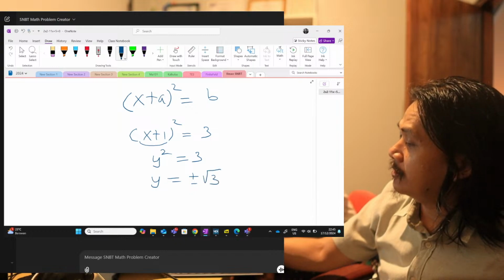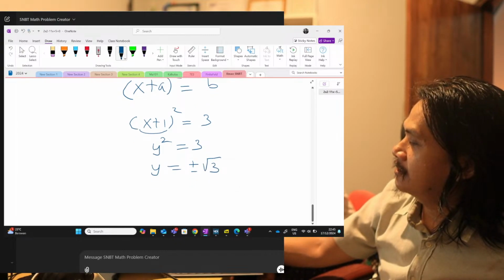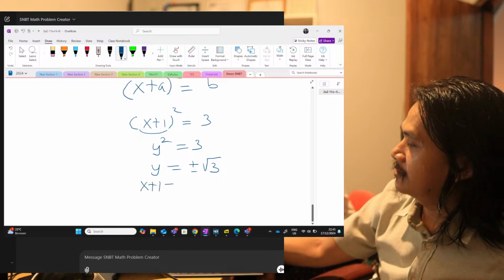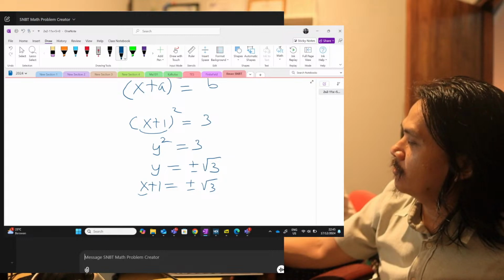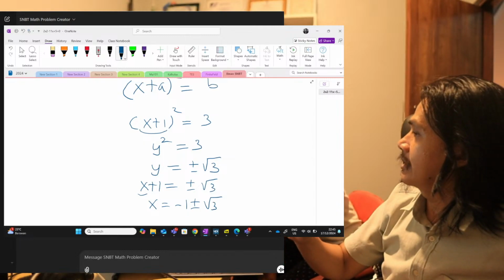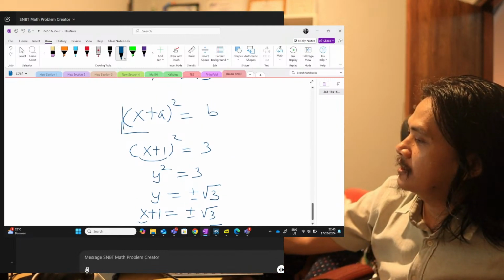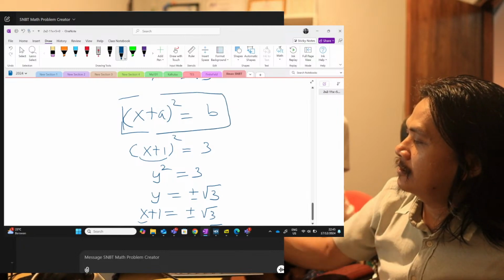And then return what the y originally was: x plus 1 equals plus or minus square root of 3. And we need to isolate the x, so we need to kick out this 1 to the other side. x equals minus 1 plus or minus square root of 3. So basically, if we manage to rewrite the equation so that it is in this form, then we are good.